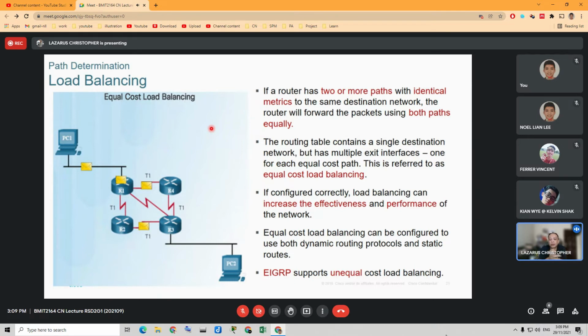RIP or OSPF work on the assumption that after making the choice, the winning path is the only path it is going to use. It's not considering the other path. The effective way is to just provide that winning path in the routing table, because the router uses the routing table to decide how to route.